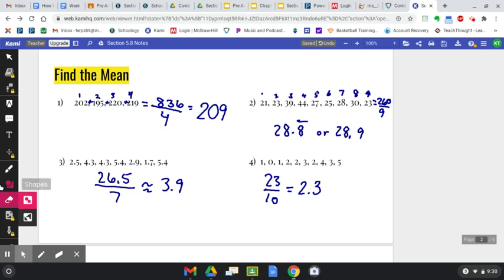And if you notice, my calculator didn't tell me 3.9. It was 3.8 something, and I rounded it to 3.9. In number 4, the data points totaled 23. There were 10 of them, so divide by 10, and we got exactly 2.3. I didn't round that, right? 23 divided by 10 is 2.3, so I left it as just that.